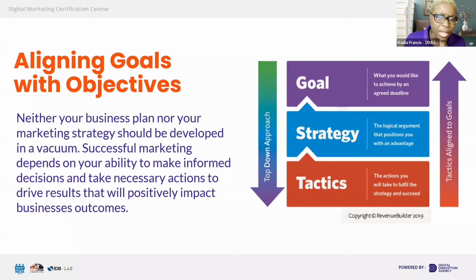Okay, so for you to be successful as a digital marketer, you have to have the ability to make informed decisions and take necessary actions to drive certain results that affect the business's bottom line or outcome, which is why you should be in the room when the business strategy, not necessarily a business plan, is being developed.